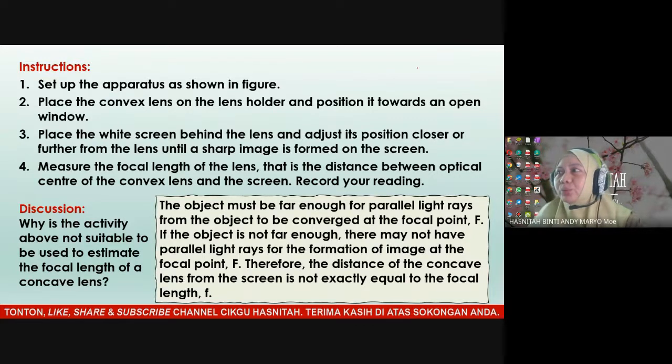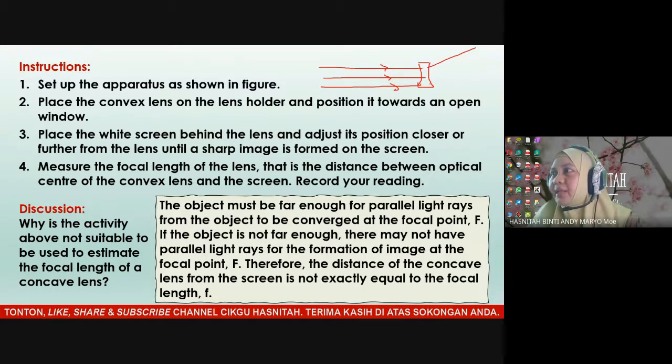Because as we discussed earlier, students, for a concave lens, let's say this is the light ray traveling through the lens from a very far away distance. For concave, it is going to be diverged in this way, and this is where the focal point is.